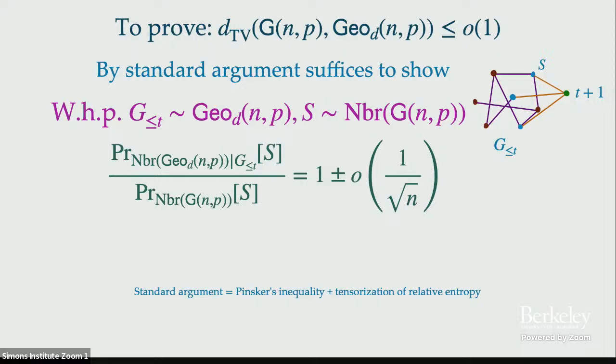This is the goal we have. Of course, this is with high probability over choices of S and with high probability over choices of G_t. These are all probabilistic statements, but this is the real thing we want to prove. After that, there are some standard arguments that bring this bound into the TV bound.